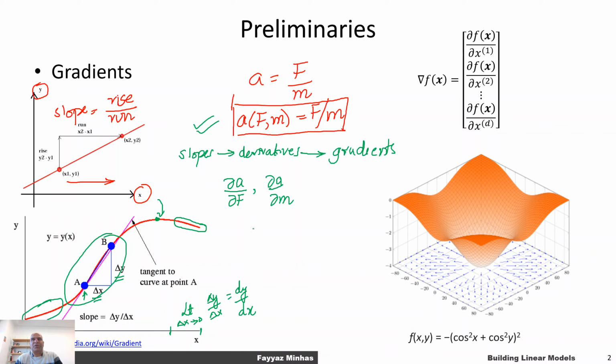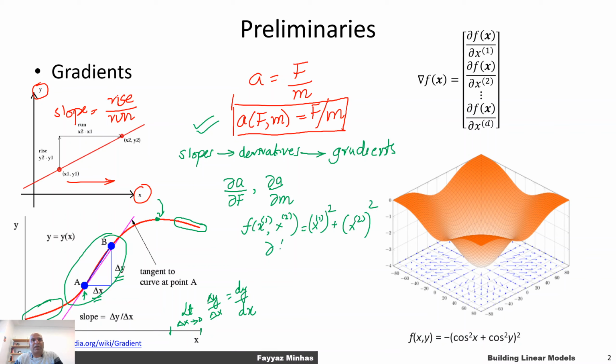What I'm going to do is take a simpler function, a function of two variables. I'm going to call the first variable x1 and the second variable x2. The function I'm going to take is x1 squared plus x2 squared.